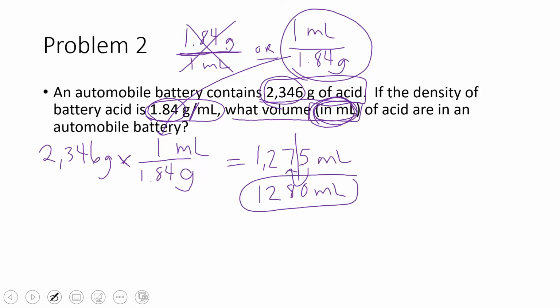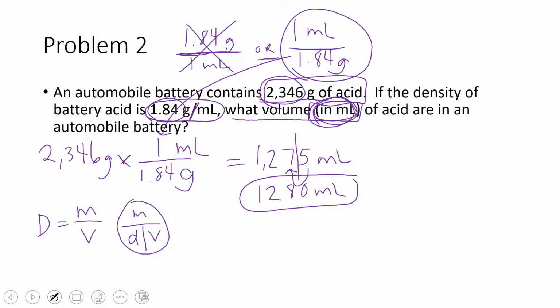Now, we could also do an algebraic equation. Density is equal to mass divided by volume. This is always kind of tricky for me to rearrange algebraically, and I know a lot of people struggle with it. In a previous video, I showed you this. Density, mass divided by volume.